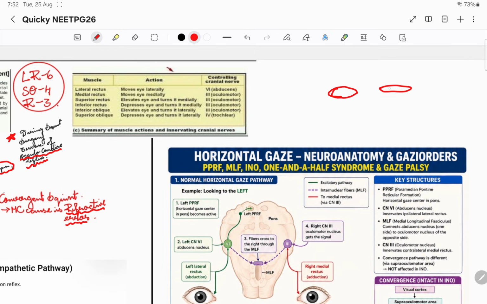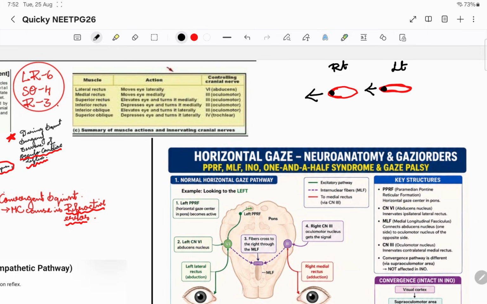These are the patient's eyes, so this will be the right side and this will be the left side. Let us take that I'm looking to the right side. When I try to look at the right side, both the left eye and the right eye move. It is not only the right eye that moves, it is also the left eye that moves.